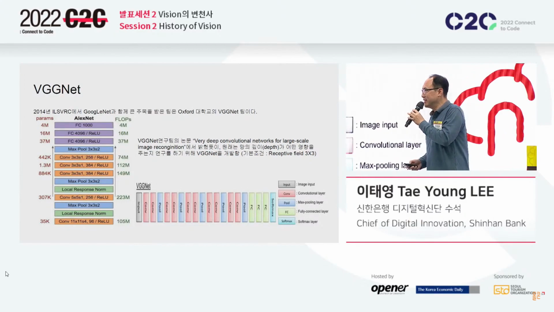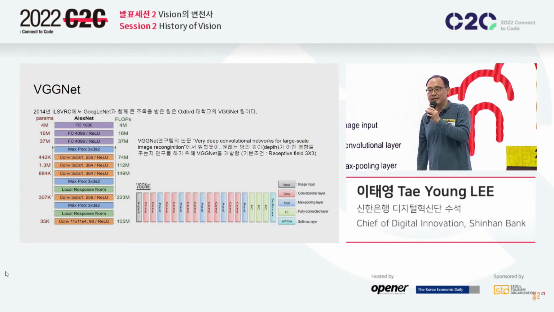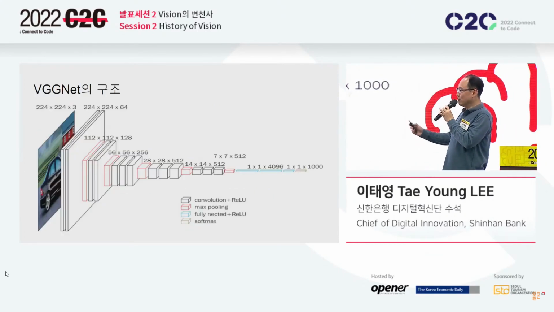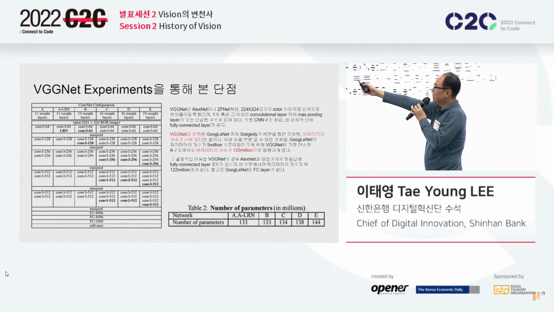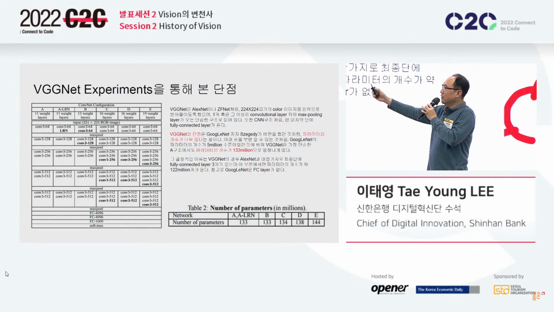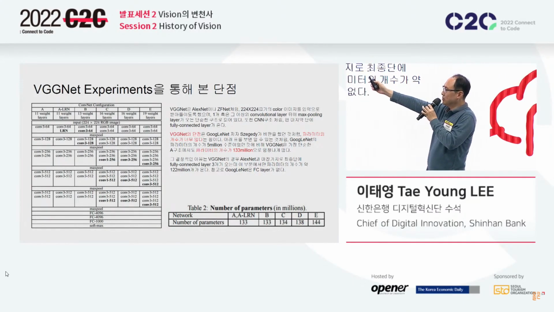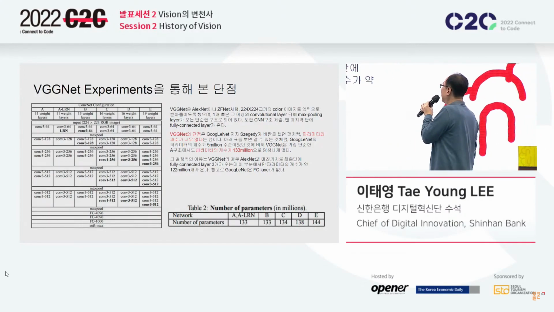And VGGNet is also very interesting. So for the first time, the convolution layer got deeper for the research. As you can see here, there are red convolution layers which were added continuously, and the configuration itself was accumulated on top of each other.